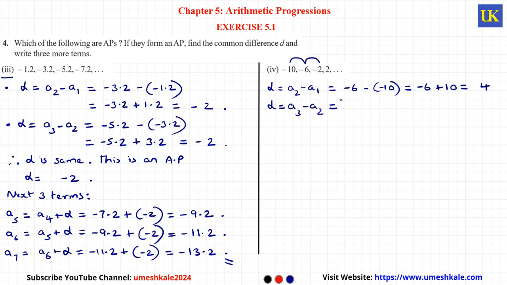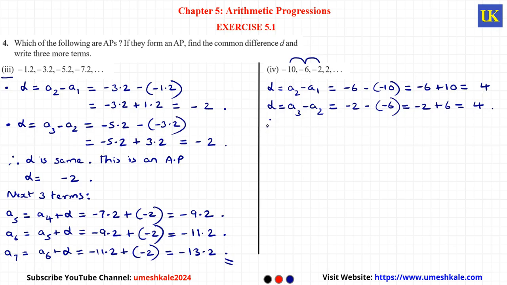Only then we can comment whether this is an AP or not. So A3 is minus 2 minus minus 6 is equal to minus 2 minus minus plus. So here the difference is again 4. So see, the difference is same, it means it is an AP.